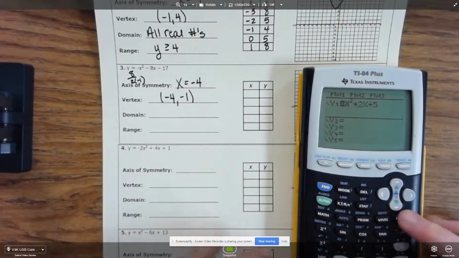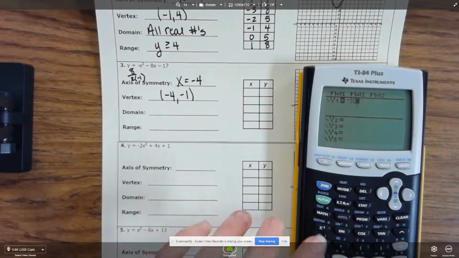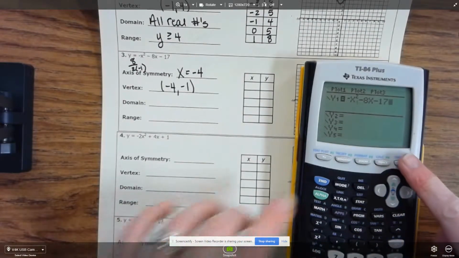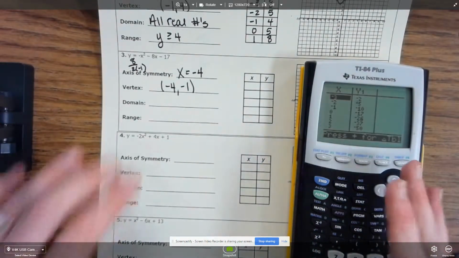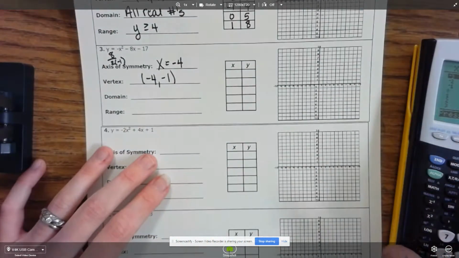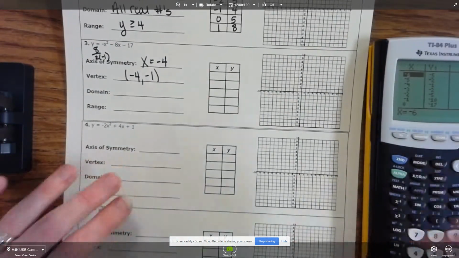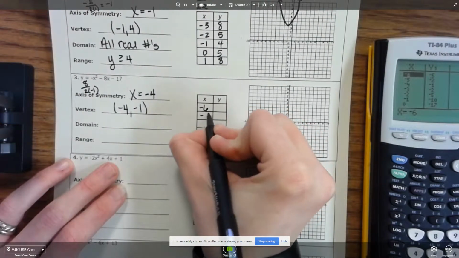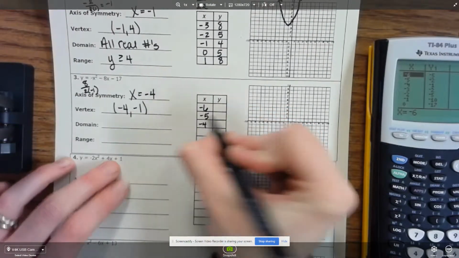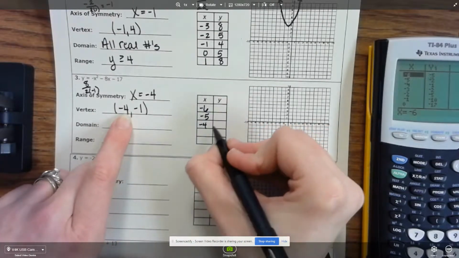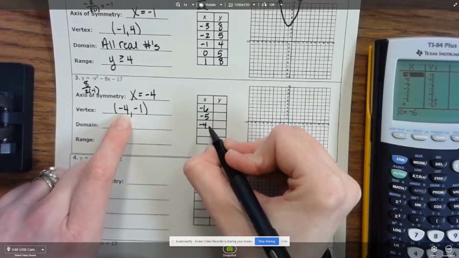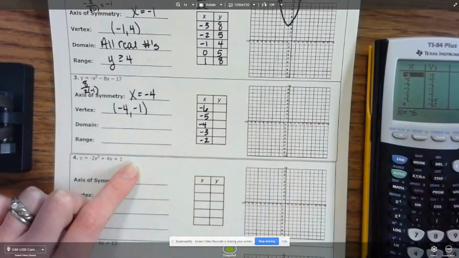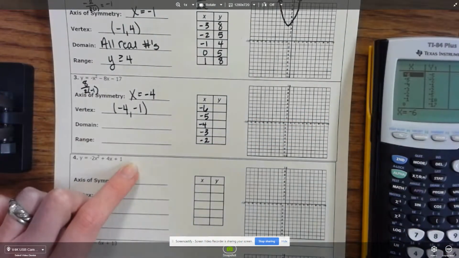And then if we look at our graph, negative x squared minus 8x minus 17, all we're worried about is the table. So here we're going to start at negative 6 on this one: negative 6, negative 5. And the reason I'm doing that is because negative 4 is my vertex, so I want that to be my middle value here. And then I just fill in exactly like my table looks here.